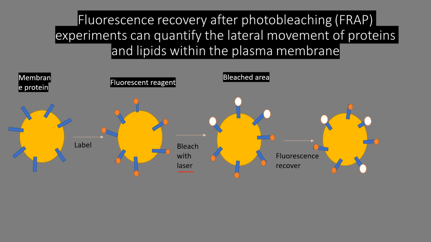After bleaching the cell membrane with the laser, there will be a few areas that no longer carry the fluorescent reagent. After a few moments, we can see that the fluorescence recovers, as molecules migrate to the other places because of the lateral movement.